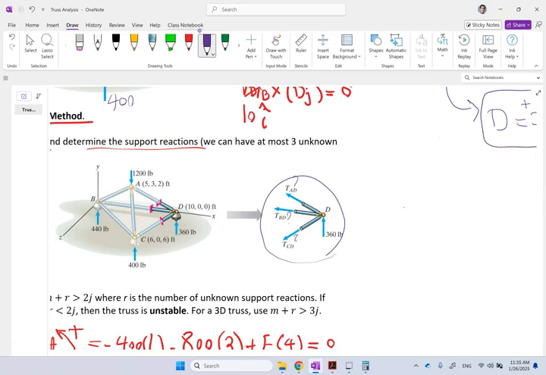So if you want to write, let's say, sum of the forces, in this case, equals 0, it is going to be 360j, that is your reaction force, plus what?